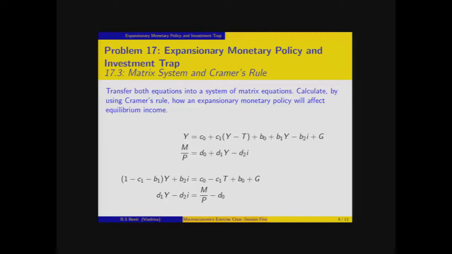So here we can see that there are two equations given initially in the problem set, where the first one represents our IS curve and the second one represents our LM curve.